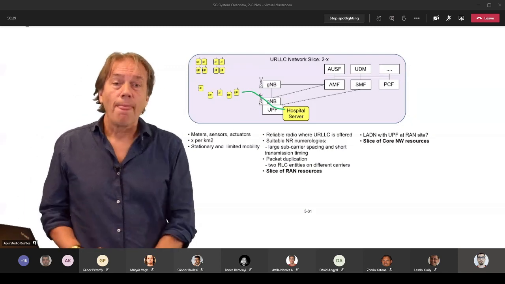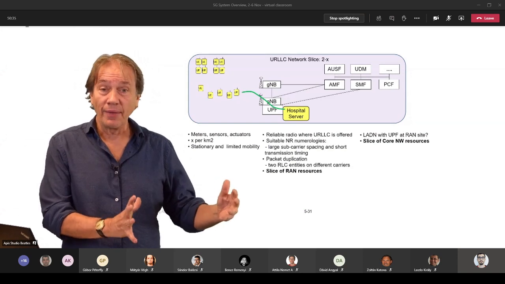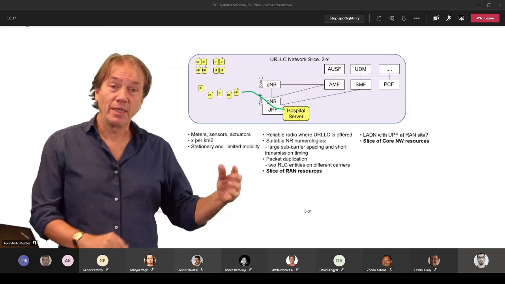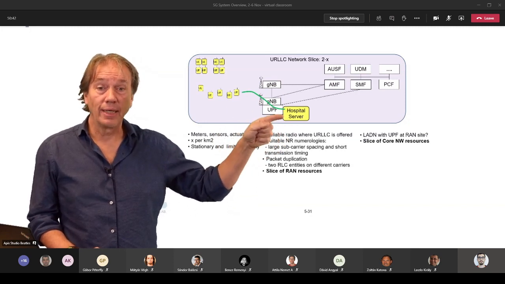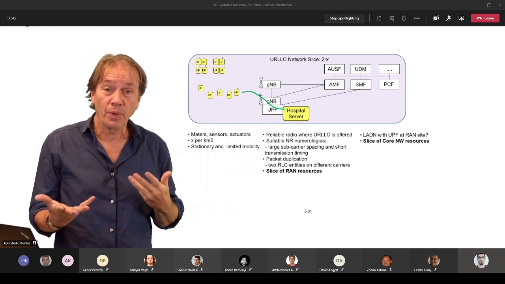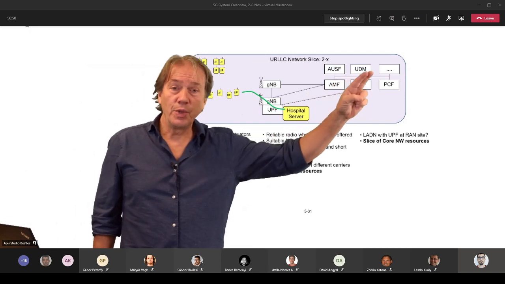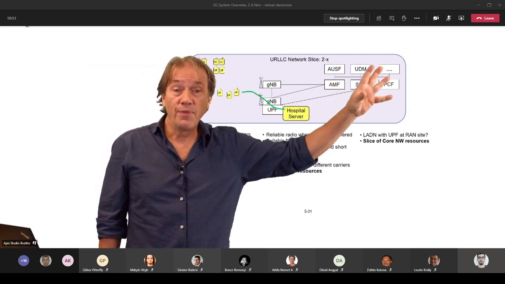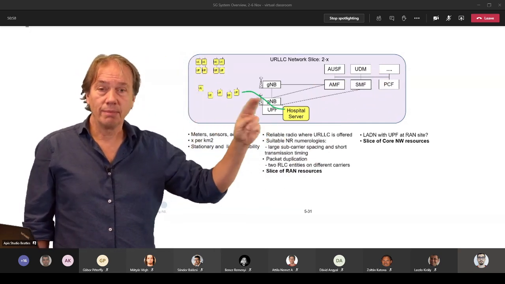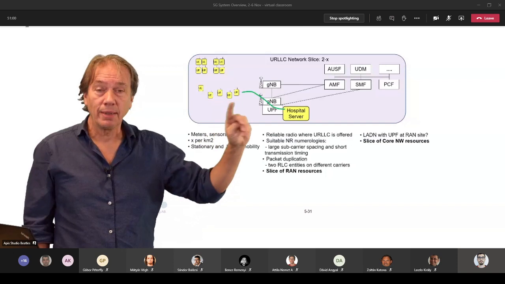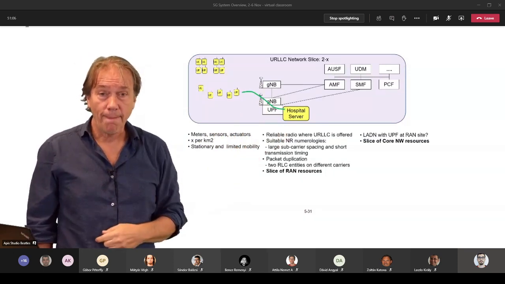And I suppose it's quite likely that the hospital server is geographically in the hospital, which means that we would like to be able to terminate the traffic inside the hospital. Maybe this is also a security requirement. The rest of the core network things, the UDM and the AMF, can be somewhere else. But the reporting of medical data and maybe actions based on this is kept locally.